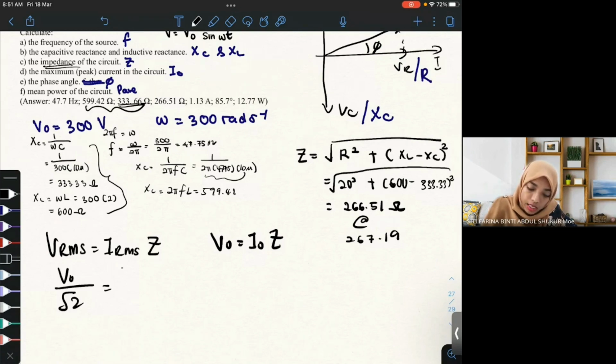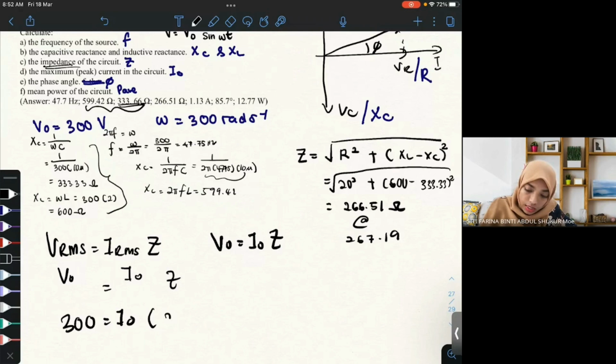I RMS adalah I0 over root 2 Z. Okay, and then cancel. Root 2 kita dapat sama juga. So V0 300, I0 is what you're looking for. Z kita dah cari 266.51. So you press your calculator, you will get your I0 here.